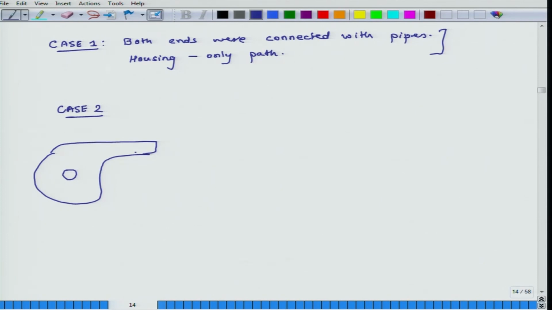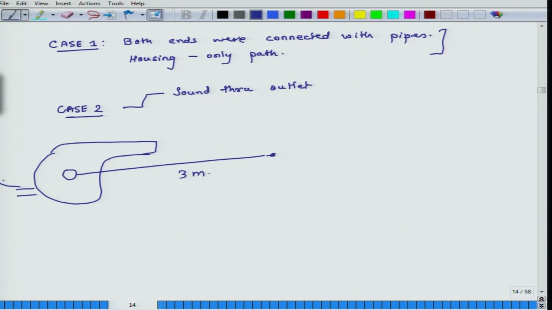So, this blower is just throwing air out in the open, and I am here 3 meters away. So, sound through the outlet, and by the way, the inlet is covered through a pipe. Okay.